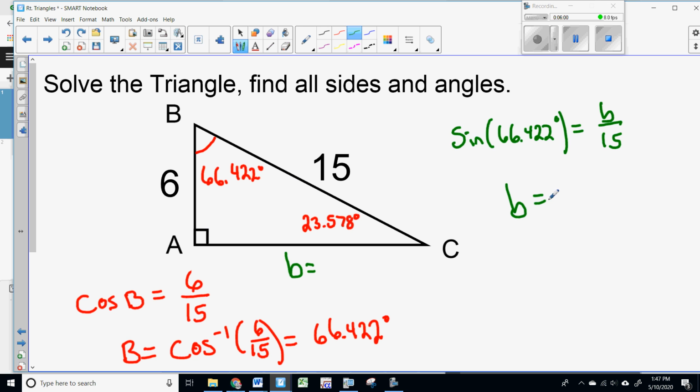And like we did before, 15 times the sine of 66.422.